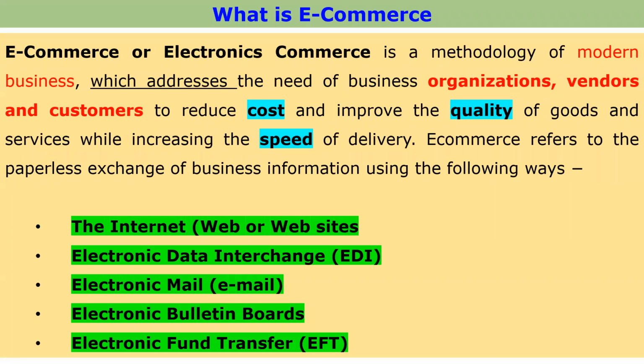Then quality of the goods also. It provides a range of products, and you can compare them with each other, right? In that way, you can choose quality products if you are doing the transaction online. Then speed of the transaction also. You can complete transactions speedily if you are doing them online, right?